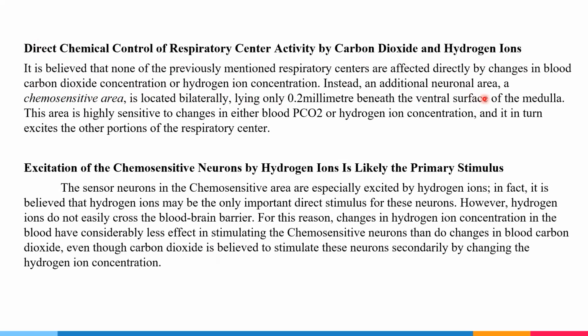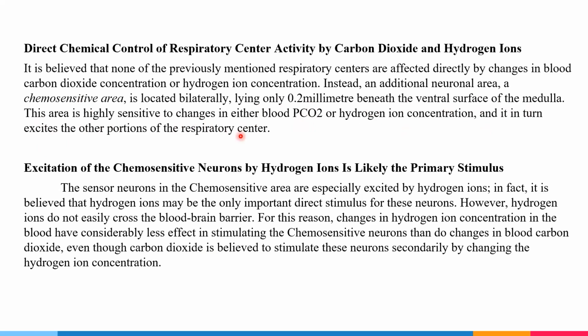Instead, an additional neuronal area, which is known as the chemosensitive area, is located bilaterally, lying only 0.2 mm beneath the ventral surface of the medulla. This area is highly sensitive to changes in either blood partial pressure of CO2 or hydrogen ion concentration, and it in turn excites other portions of the respiratory center.